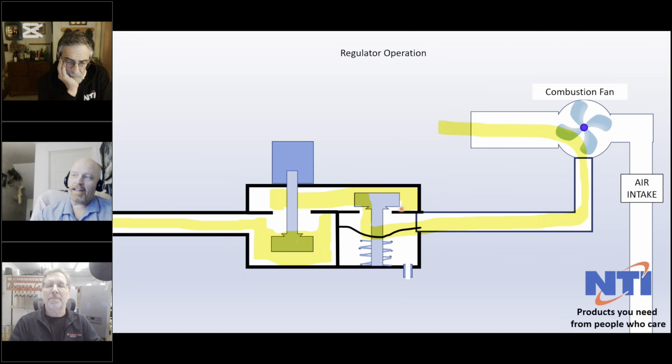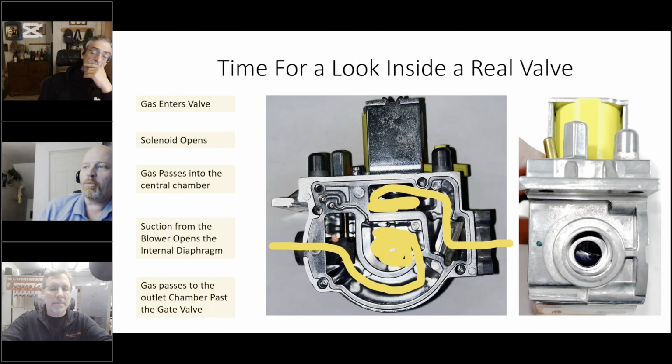So our gas comes in, it can't get through until the solenoid opens. Then the solenoid will open, so gas is now going to pass into the central chamber. Vacuum from the blower is going to open the internal diaphragm and hopefully allow gas to pass to the outside world. And I just included over here another shot of the gate valve. So the adjustment screw for this is sort of up in this area here.